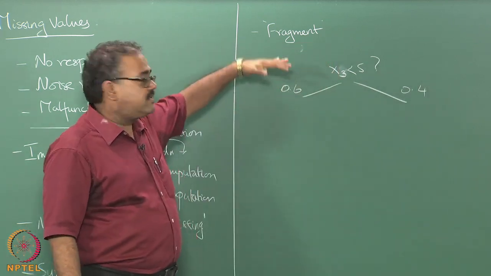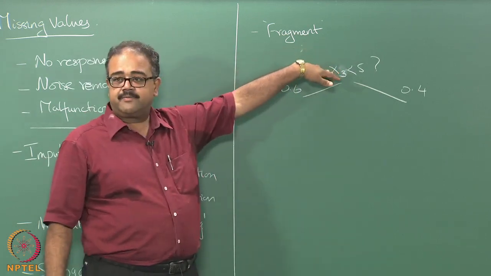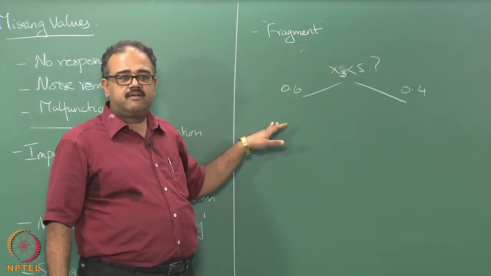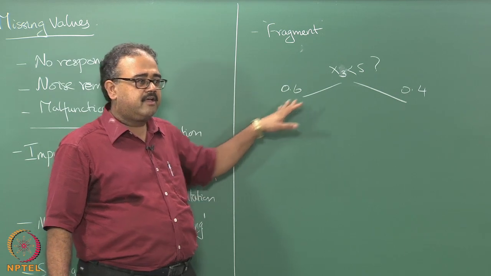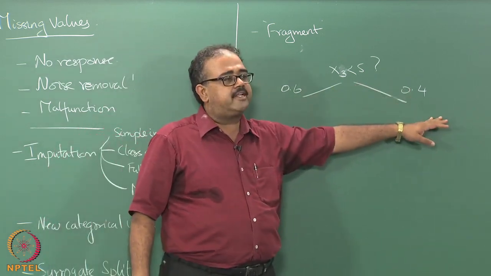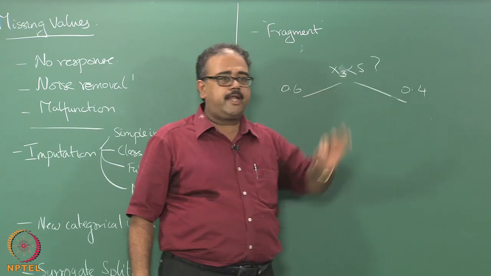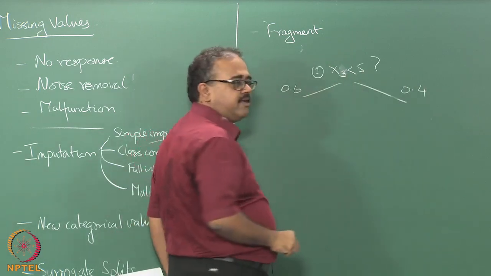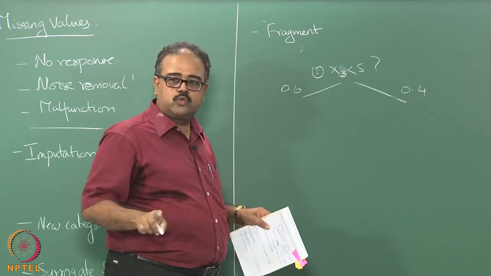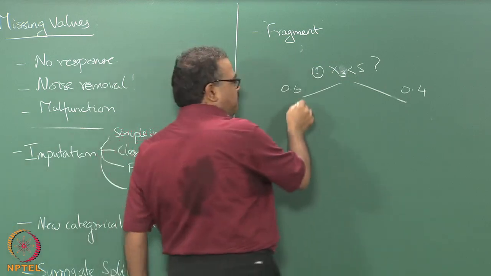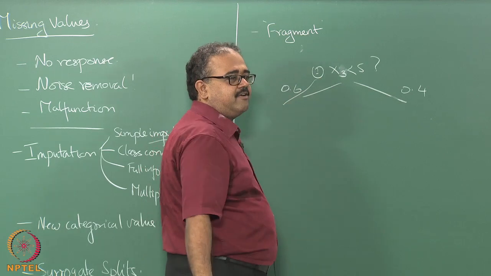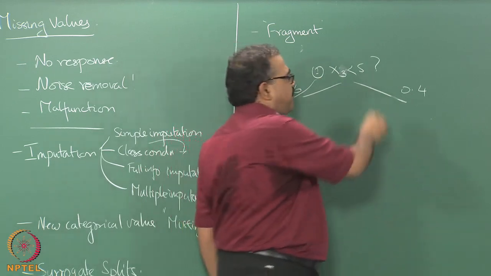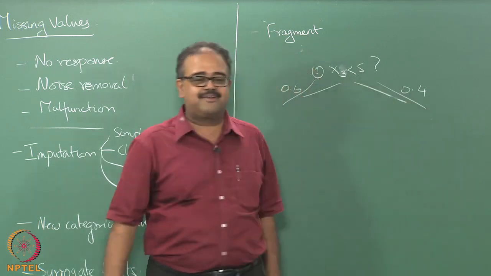Of all the data points that did not have x3 missing, 60% of those had x3 less than 0.5 and 40% of those had x3 greater than 0.5. So, now I am looking at one data point that came here, and I am going to split it into 2. 0.6 of the data point is going to travel down the left and 0.4 of the data point is going to travel down the right.